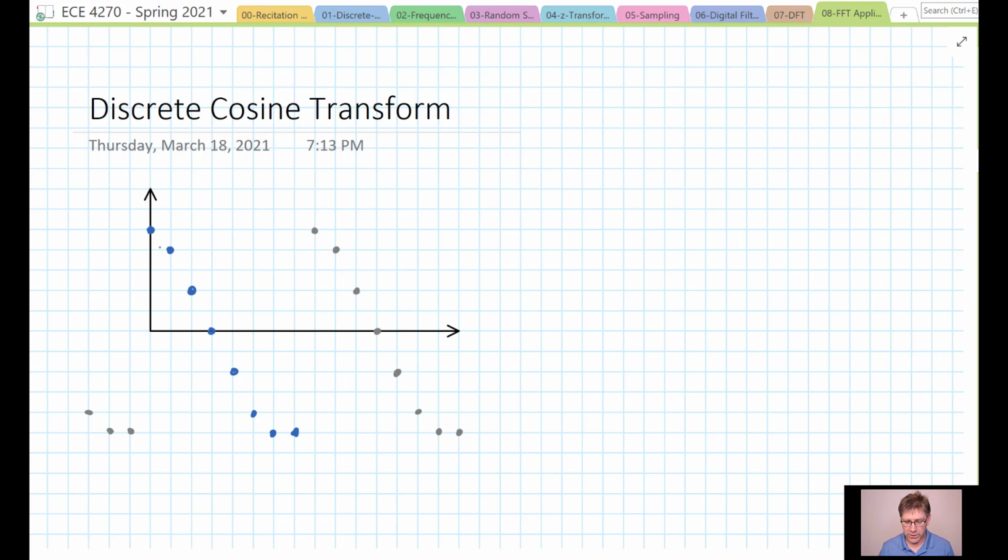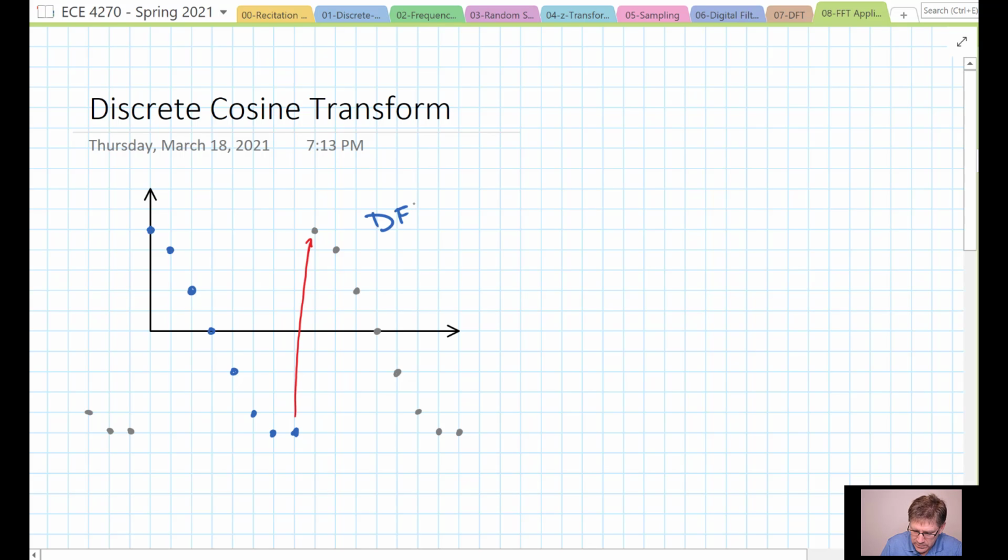But whatever we do, it also has to account for this big jump between samples. And so in order to get that, there will be a lot of high frequencies that come in. So what started out looking like a relatively low frequency, now suddenly our DFT is polluted with a lot of high frequencies because of this periodic extension that goes with the DFT.